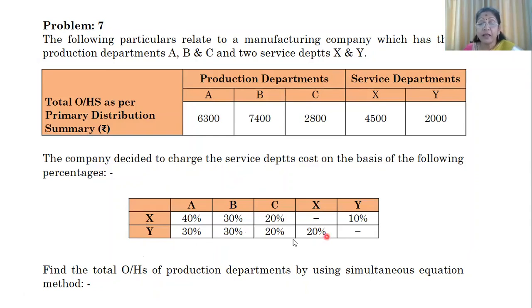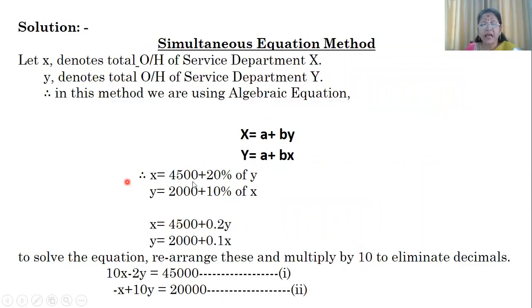X has 20% in Y, and Y has 10% in X. So X is 4,500 plus 20% of Y, then Y is 2,000 plus 10% of X.